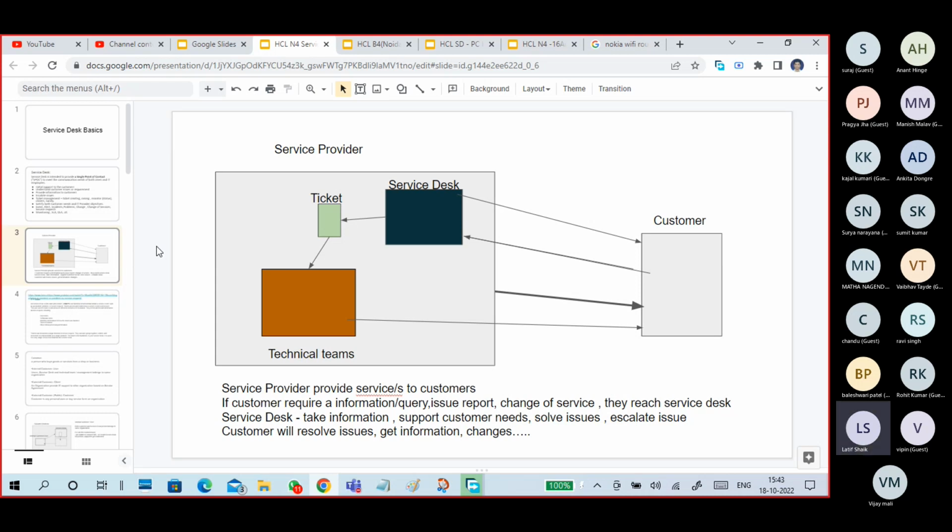Who is the customer? What kind of help does he require? And who is responsible to take care of this issue? Either the same service desk person or maybe some other person who knows this particular issue to handle. So who is going to handle the issue?